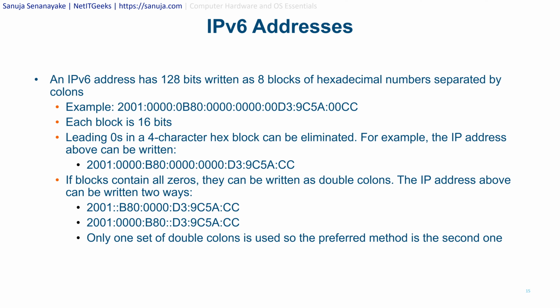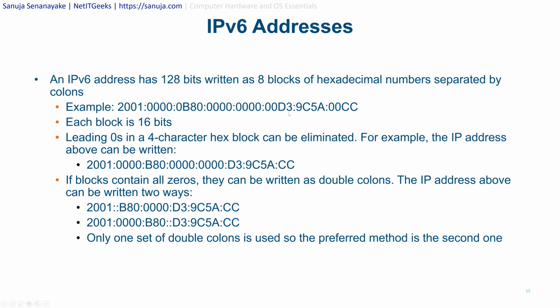The leading zeros in a 4-character hex block can be eliminated, so the IP address, for example, can be written this way. Instead of having this 0 at the front, you can just enter B80 instead of 0B80.